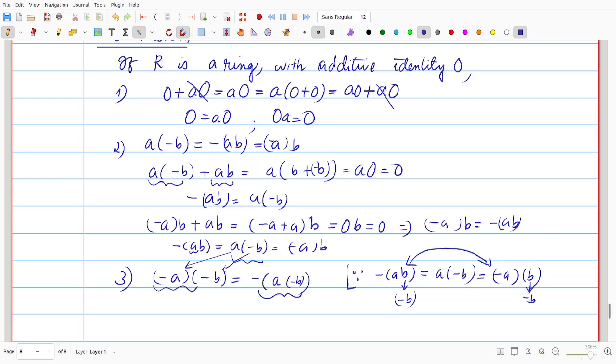Since these two quantities are equal for every a and b, you can just replace b by minus b. Finally, minus of, you just apply the result again, a times minus b, that is minus ab, so that is equal to minus of minus, the additive inverse of ab, that is ab itself. So this proves the third condition.